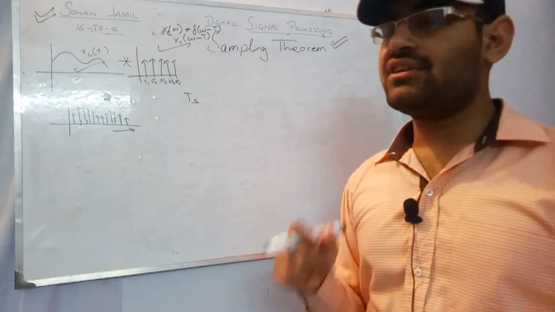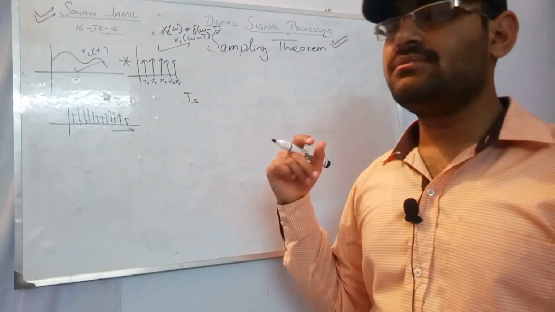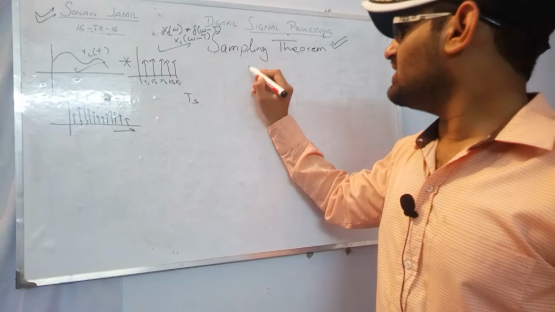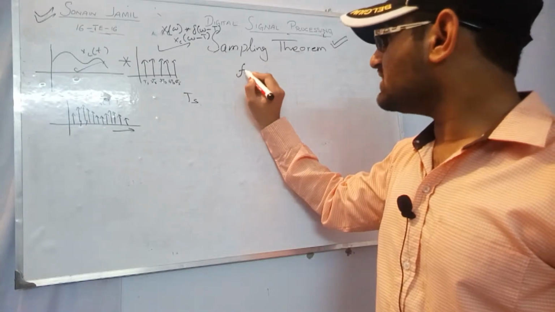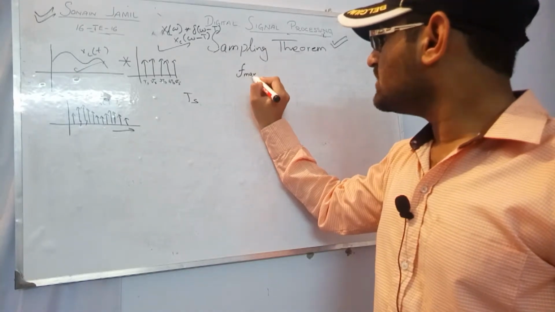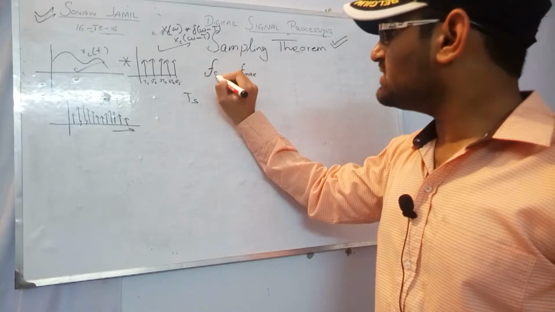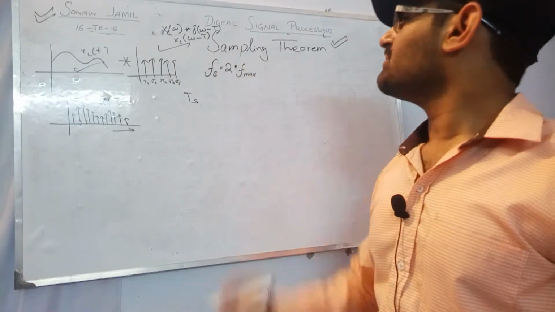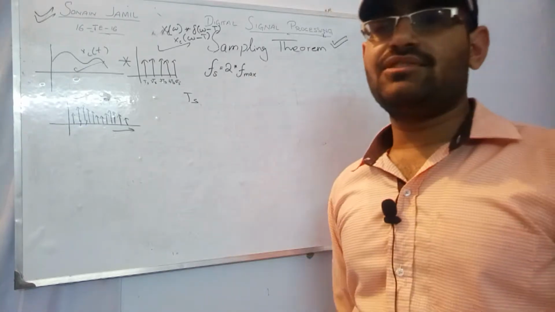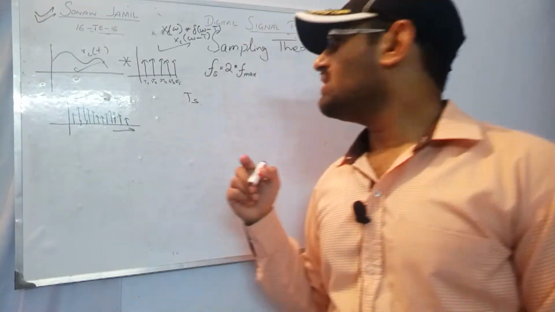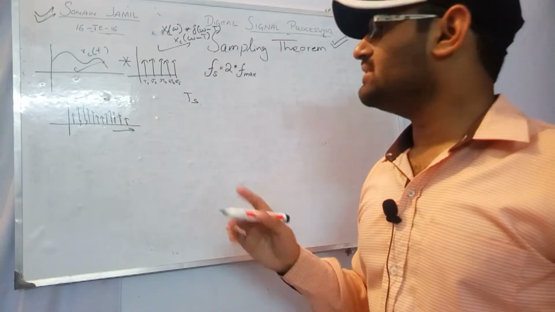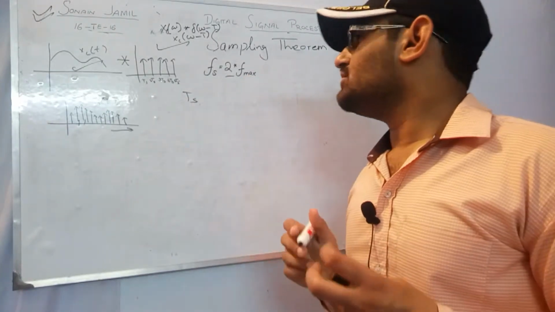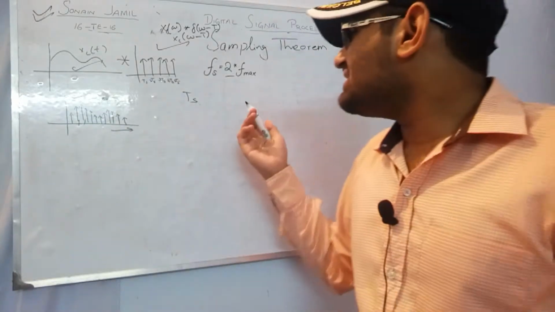The sampling frequency should be twice the maximum frequency in the signal. Let's suppose the maximum frequency in the signal is f max. So fs, that is the sampling frequency, should be twice the maximum frequency in the signal. If we want to reconstruct the signal, the sampling frequency should be twice. What does it mean?